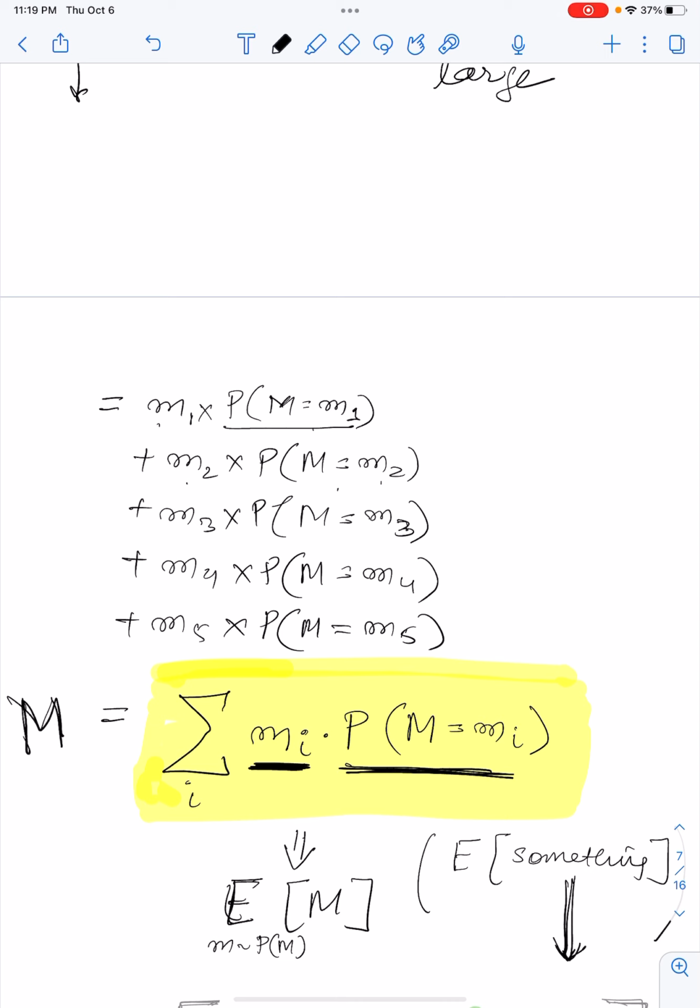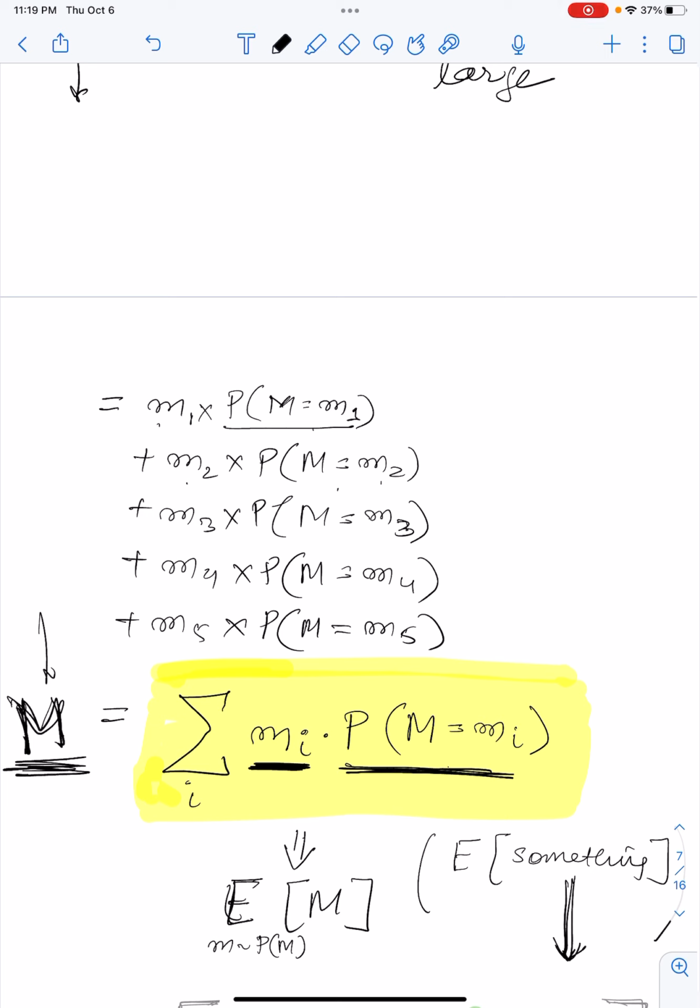And this capital M is the random variable, because randomly it can hold any value. You don't know which value is going to be assigned. It depends upon how likely that value is to be assigned, but it is still random. This is why it is known as a random variable, because the values keep on changing.